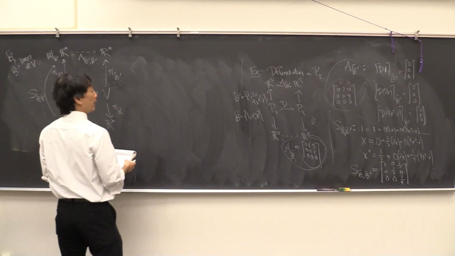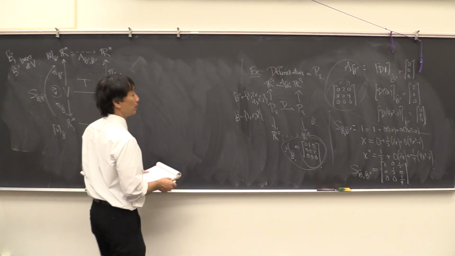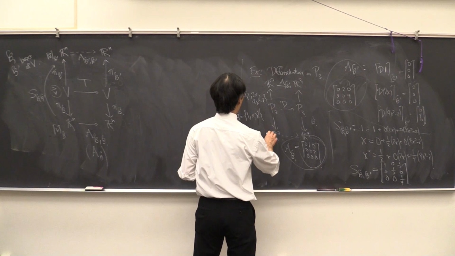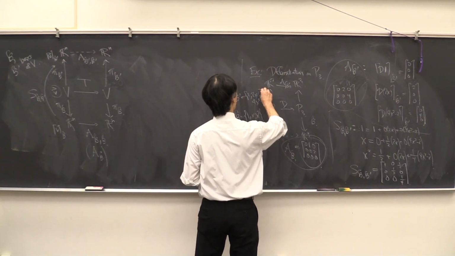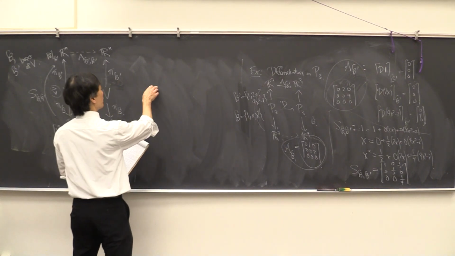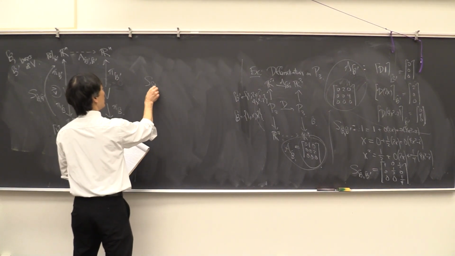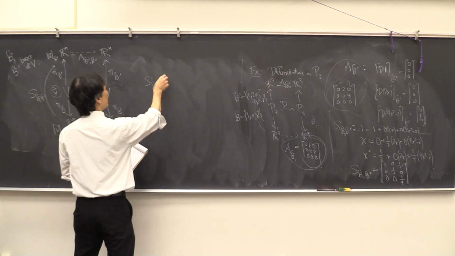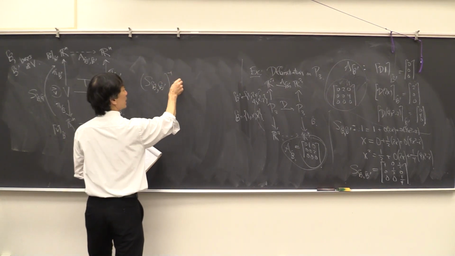Okay, and so that's the one going from here to here, and then the inverse matrix is going to be the inverse of that one. So S from B prime to B is just going to be the inverse of that.